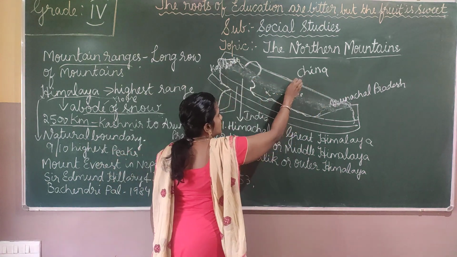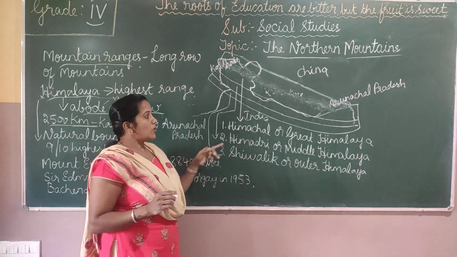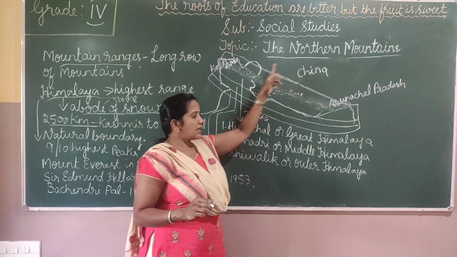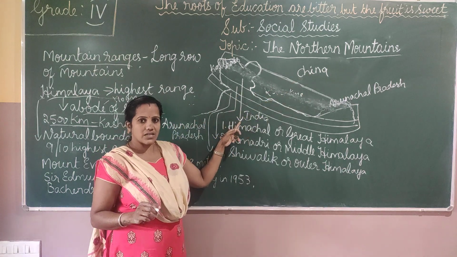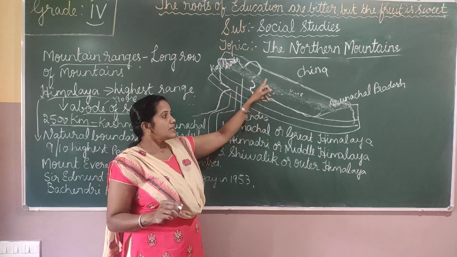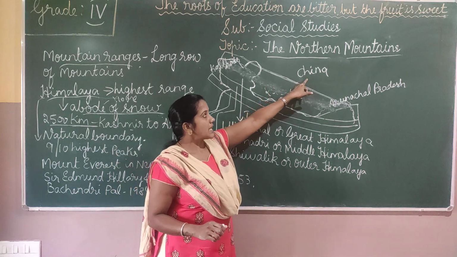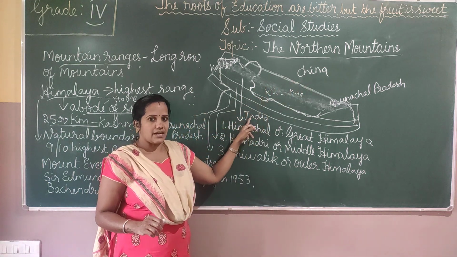So these form a natural boundary between China and India. Okay, children, so this long row of mountains is Himalayas. The Himalayas form a natural boundary between China and India.